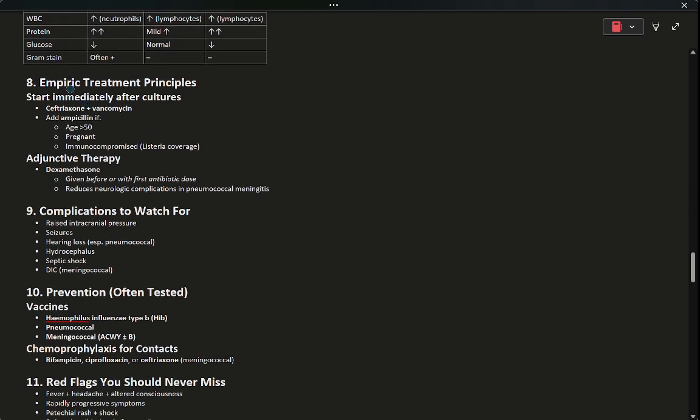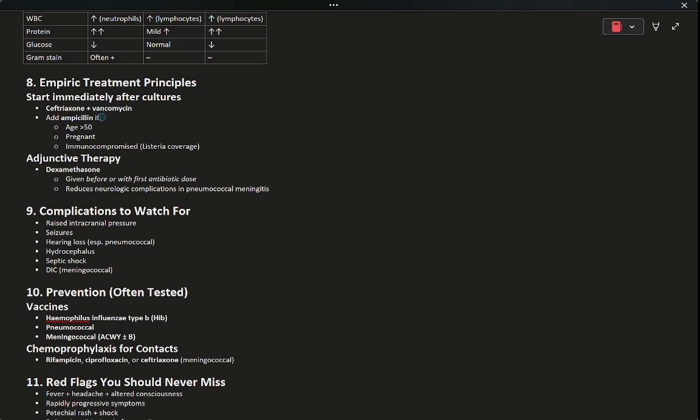Okay, and then the empiric treatment principles are the following. You need to start immediately medications like ceftriaxone and vancomycin. Remember that ceftriaxone is a third generation cephalosporin, and vancomycin is a very powerful antibiotic.